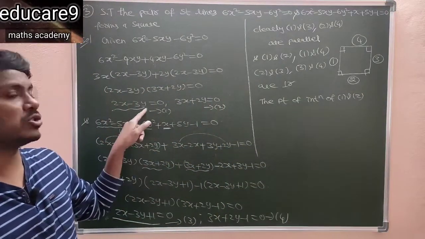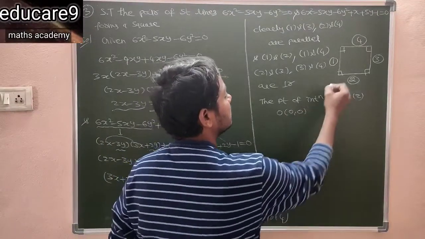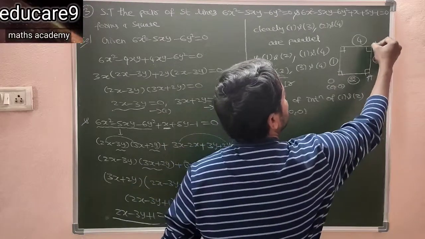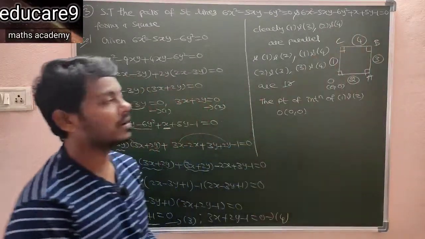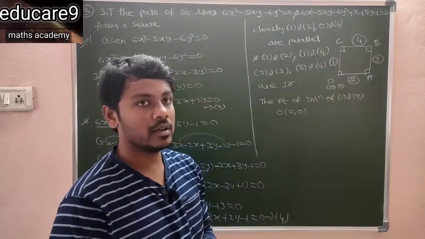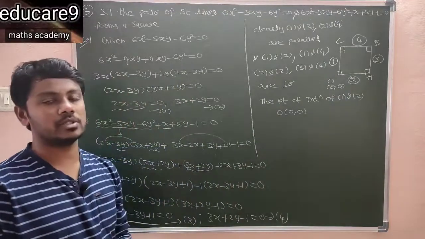So clearly there is no constant, so the point of intersection is 0, 0. This is O, 0, 0. This is A, this is B, this is C. Now find this distance OC and OA. If OC, OA are equal, then OA equal to AB equal to BC equal to OC.